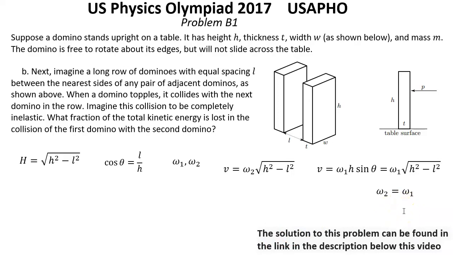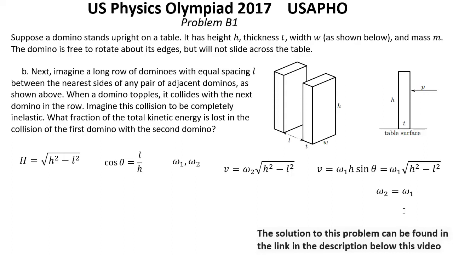It means that after collision they have the same angular momentum, because they have the same moment of inertia and the same angular velocity. And because they have the same push with the same horizontal force, this force is horizontal because there is no friction between these dominoes. It means that if we have initial angular momentum for the first domino before collision, it will distribute some angular momentum to the second domino, but it will lose the same angular momentum.